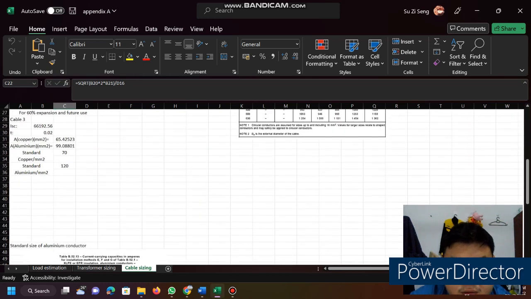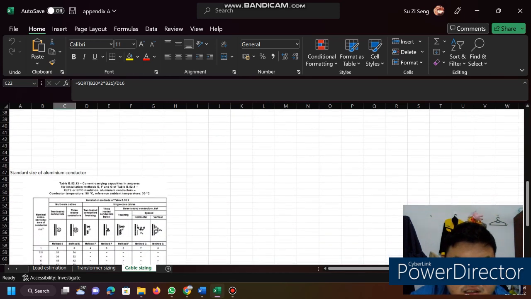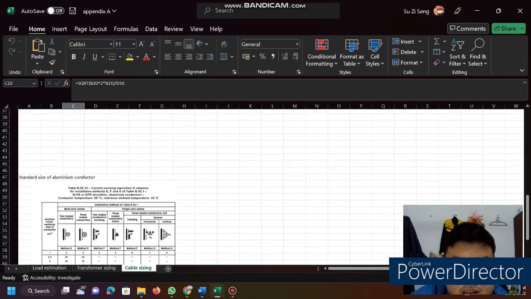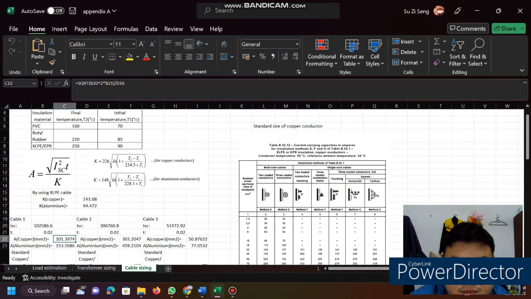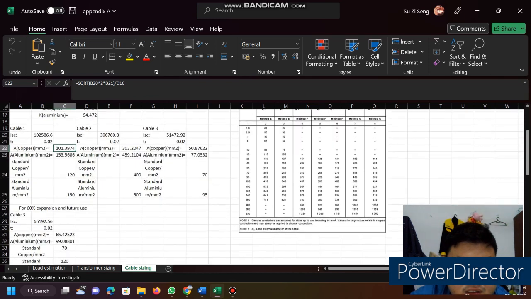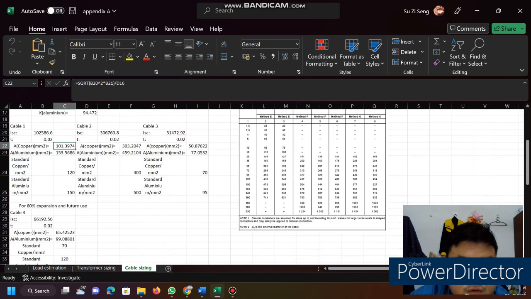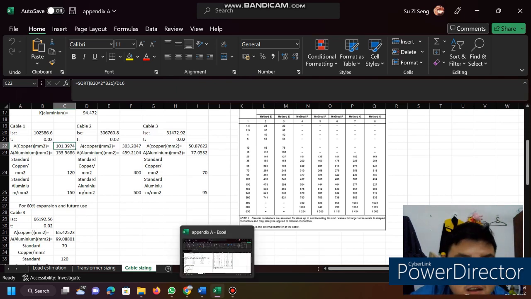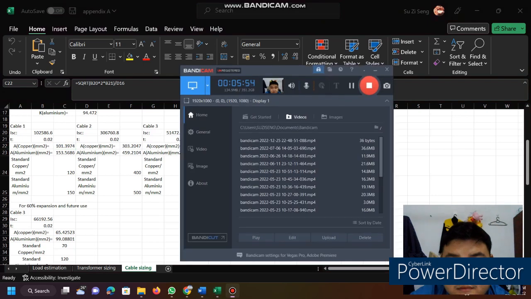These two tables, one is the aluminium conductor standard size and the other is the copper conductor. We refer to these and choose the standard size from our calculation. Okay, this is all for me. Thank you.